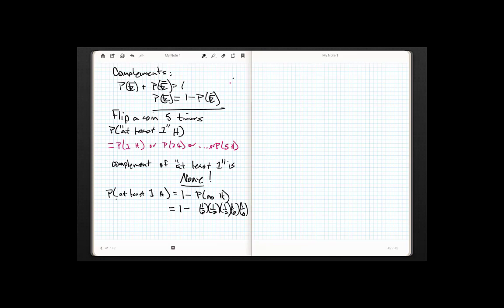So if I want to know the probability of at least one head, I simply go 1 minus its complement, and that's what this is. So what is that? 1 minus 1/32, and I get 31 out of 32. So the theoretical probability of getting at least one head out of 5 coins is 31 out of 32.